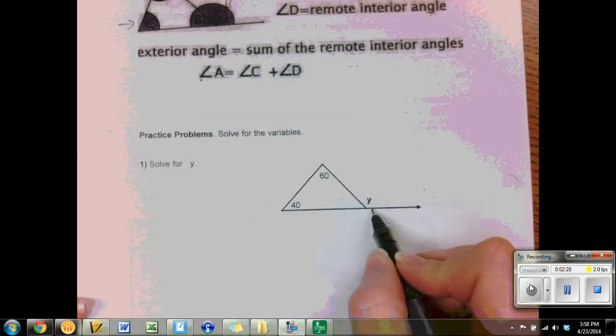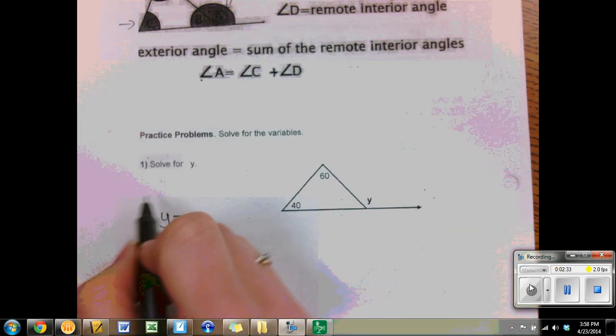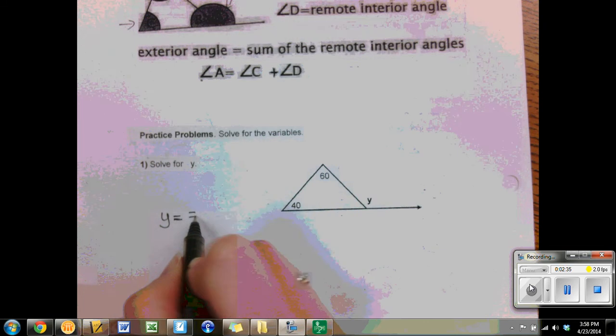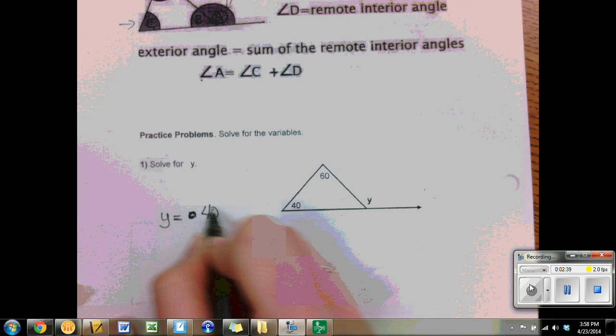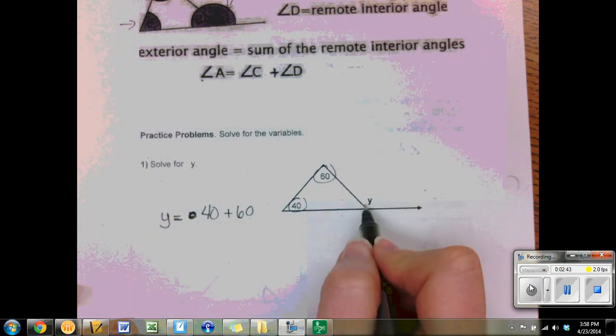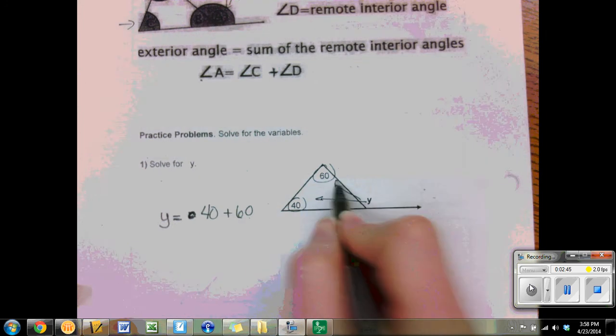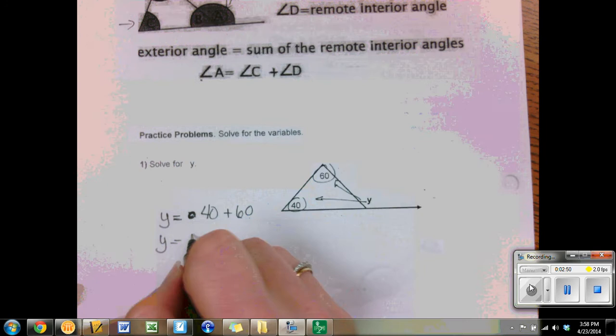So let's see what that looks like here. If I have angle Y, that's my exterior angle. So Y equals 40 plus 60, because I'm just going to take my two remote interior angles and add them together. 60 plus 40 is, of course, 100.